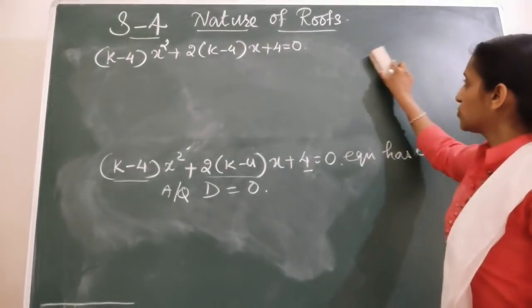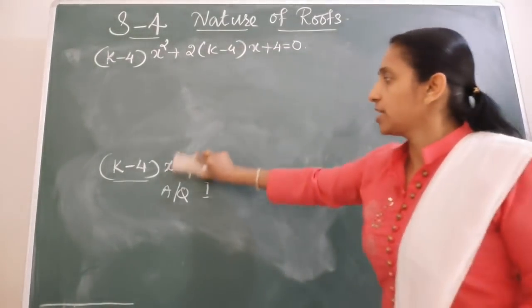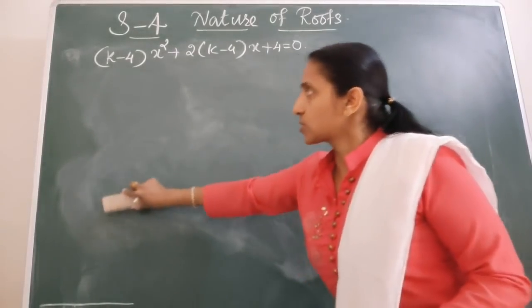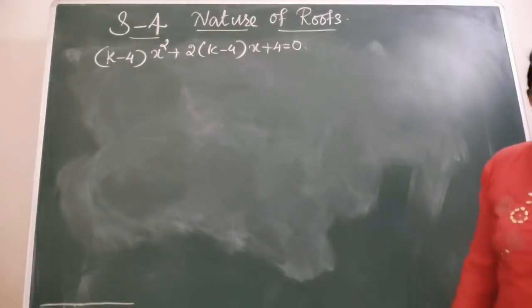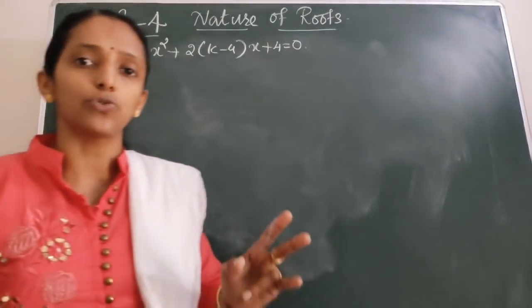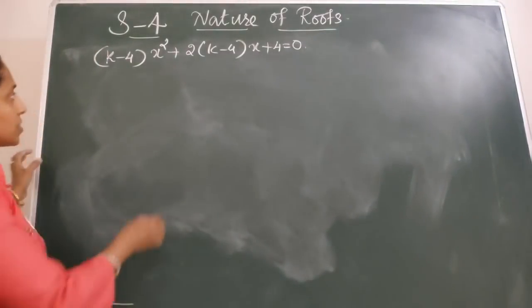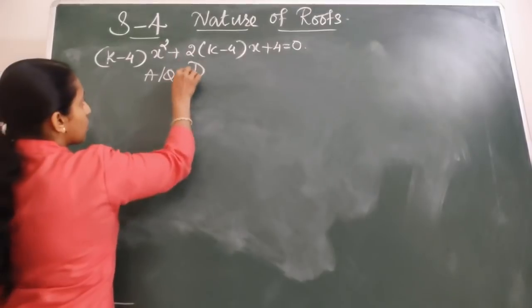Equation is having two equal roots given, and you have to solve and find the value of k. That's the question given. So for solving this, we have a condition given: the equation is having two equal roots. So according to the question, you are going to write D equal to 0.